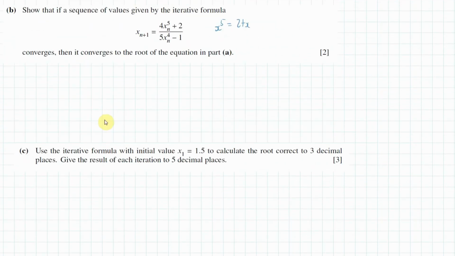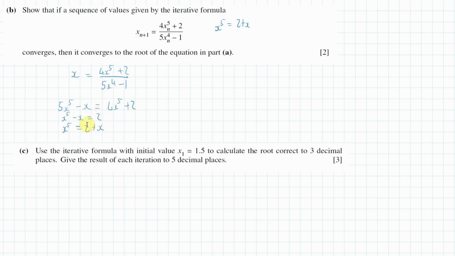First of all, I would write what they've given, x equals (4x to the power of 5 plus 2) all over (5x to the power of 4 minus 1). I'm going to times both sides by this 5x to the 4 minus 1, so I'll get 5x to the 5 minus x equals 4x to the 5 plus 2. And then I can go from there, x to the power of 5 minus x equals 2, x to the power of 5 equals 2 plus x, and I've proved that.